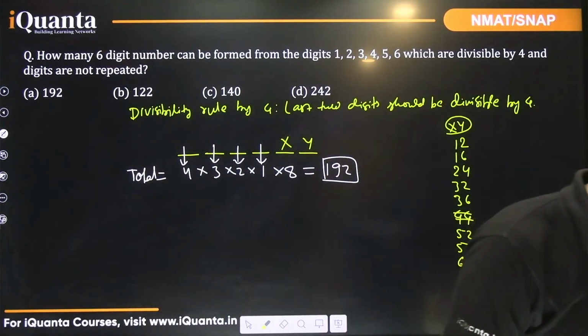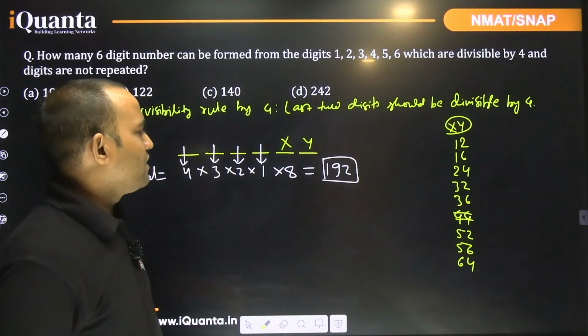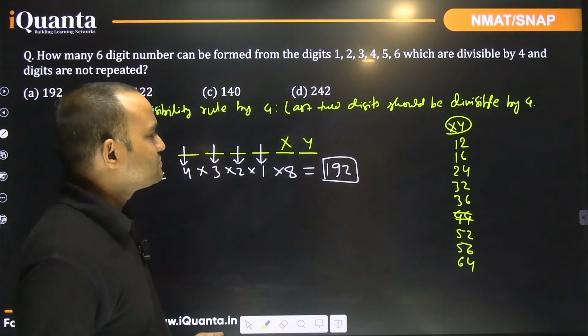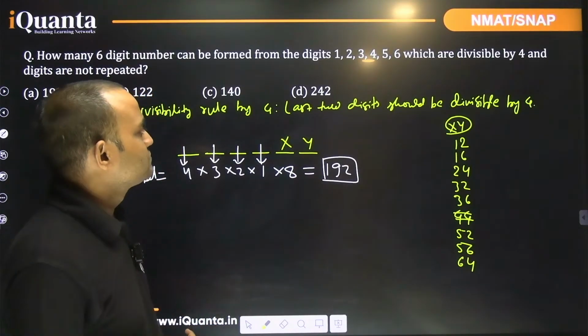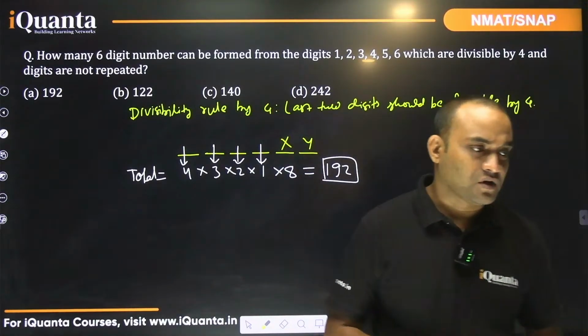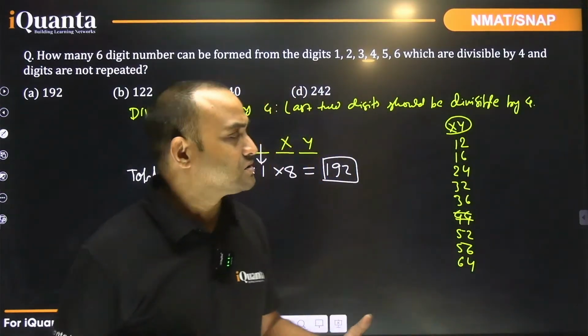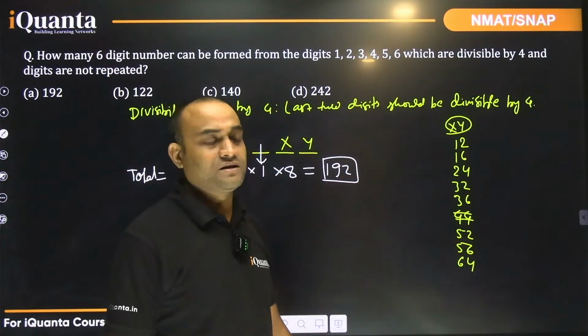And we can do casework also. What type of casework, apart from taking the last two digits? Priyanshu, what do you mean by casework? These are the cases we need to consider, right?